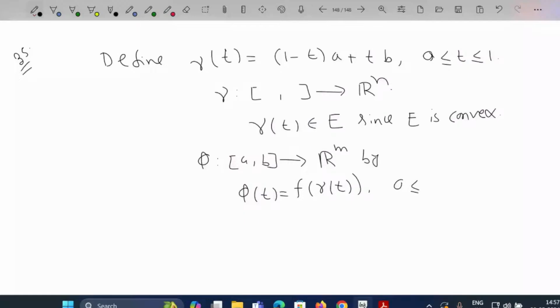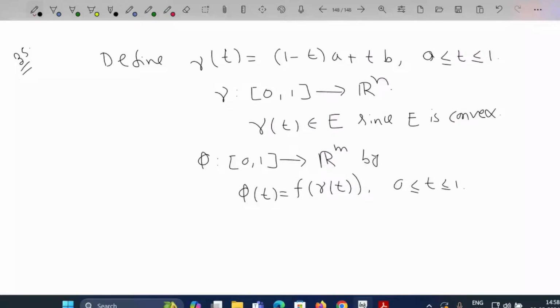Is it now correct? It's just a little bit tricky. So gamma of t is a mapping from 0, 1 to Rn.